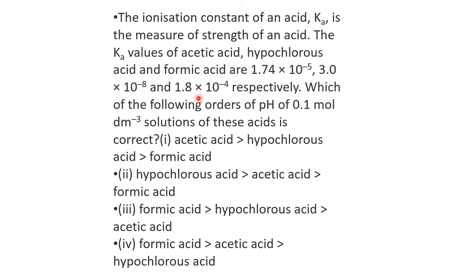The more the K value, the stronger the acid. Therefore, the fourth is the correct choice: formic acid, acetic acid, and hypochlorous acid.